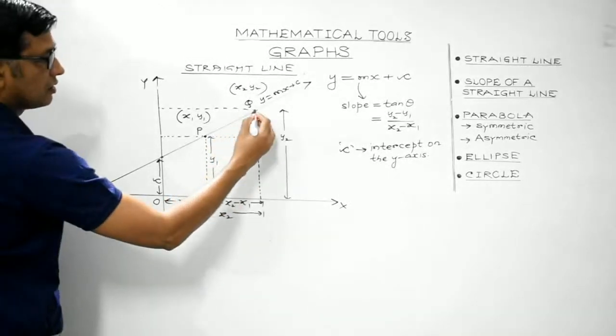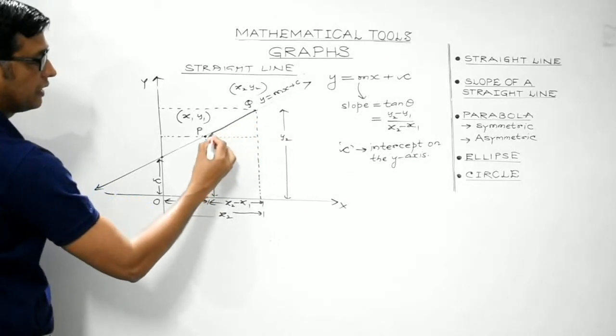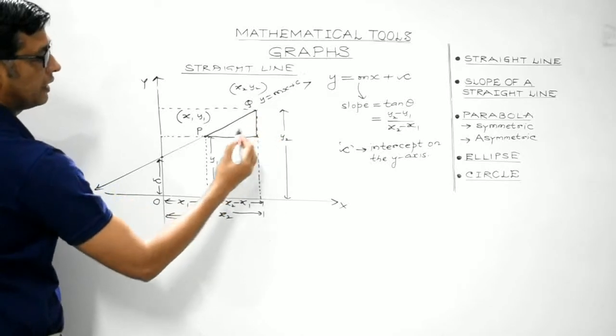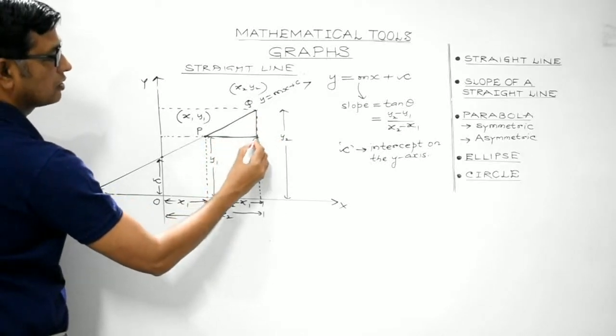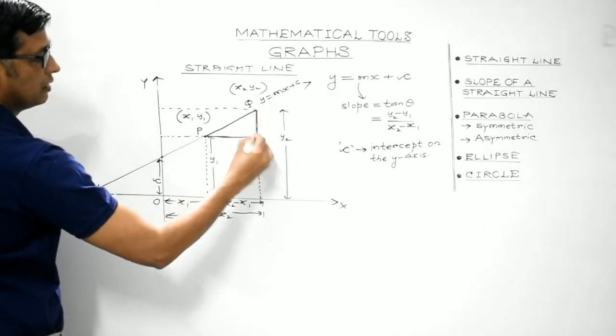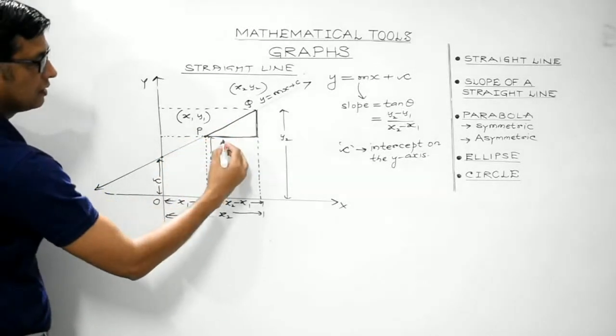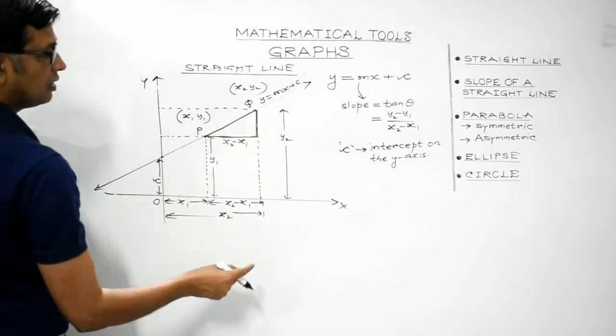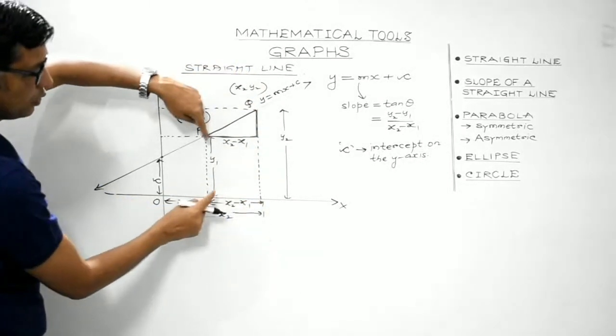Now consider this right angled triangle. This is the right angled triangle I am talking about. What about its base? It is x2 minus x1. What about its perpendicular? This is y2 and this one is y1.